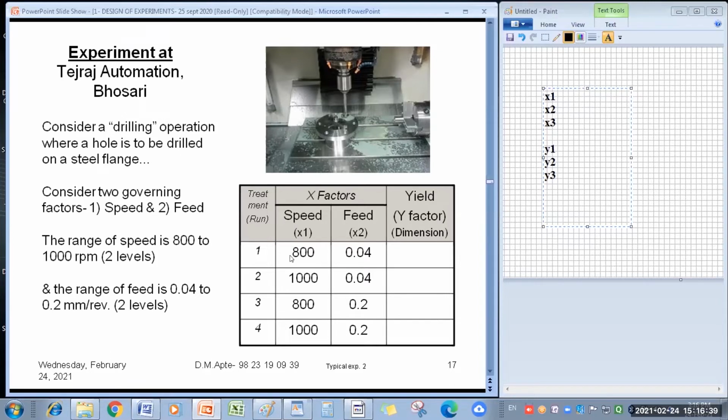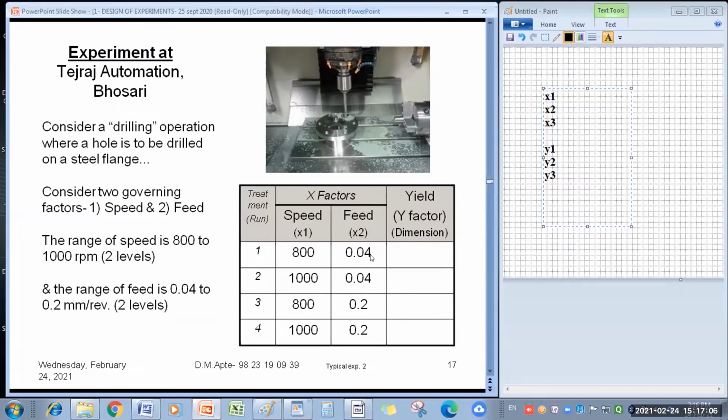Now, I am going to make this table. Making this table is called making an experimentation table for design of experiment. Now, this speed 800 is termed as minus. 1000 is termed as plus in our design of experiment language.